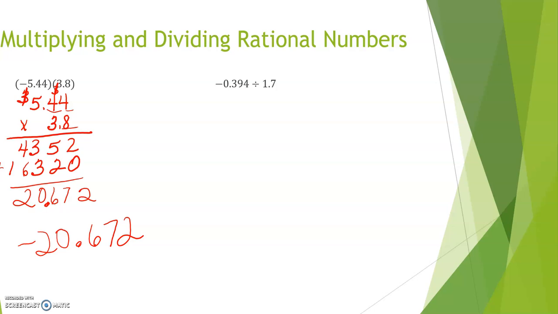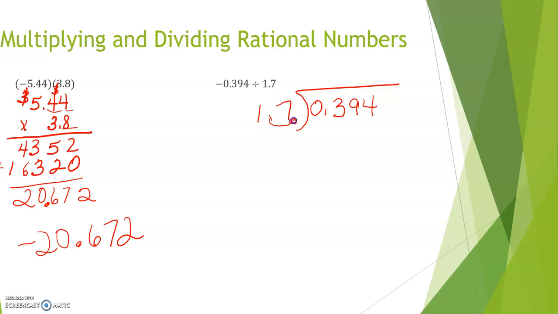Dividing rational numbers. -0.394 divided by 1.7. We need to make sure we are dividing by a whole number, so we cannot divide by 1.7.